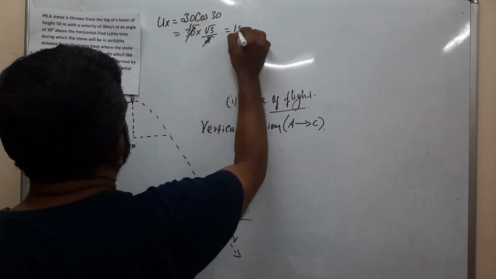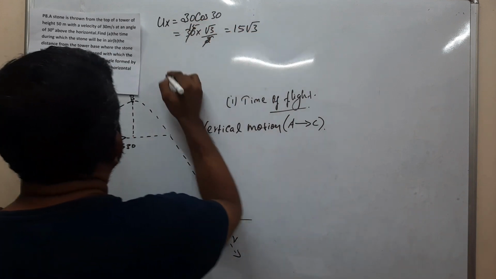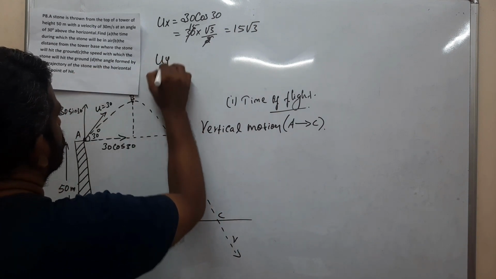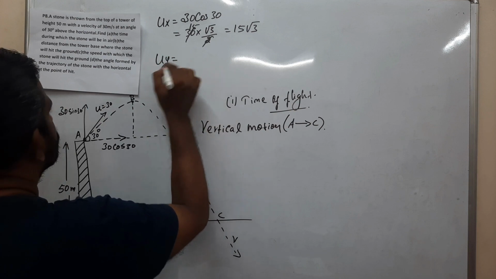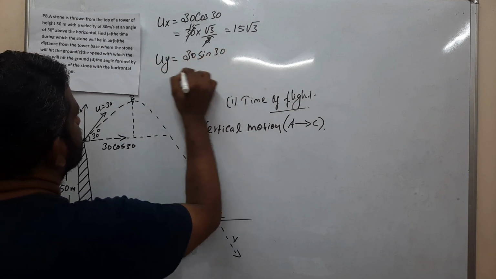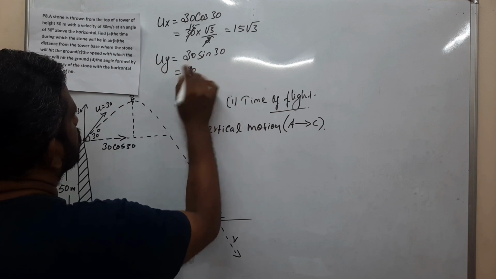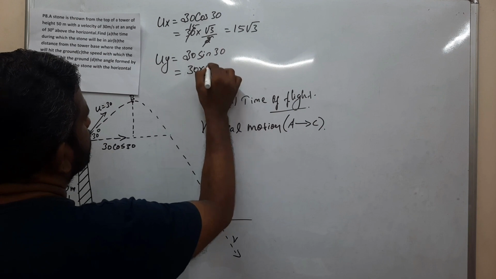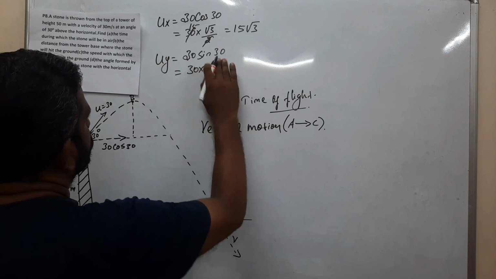That's equal to 15 root 3. So what is the initial vertical velocity? That is uy is equal to 30 sin 30, which is 30 into 1 by 2.